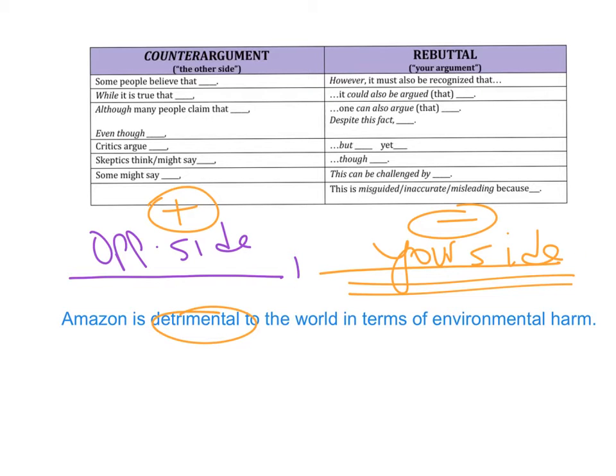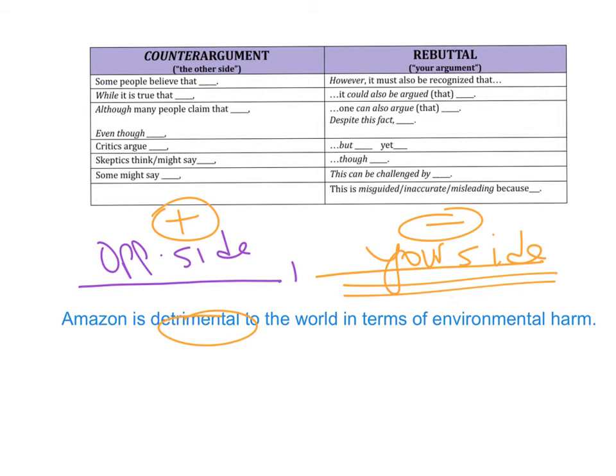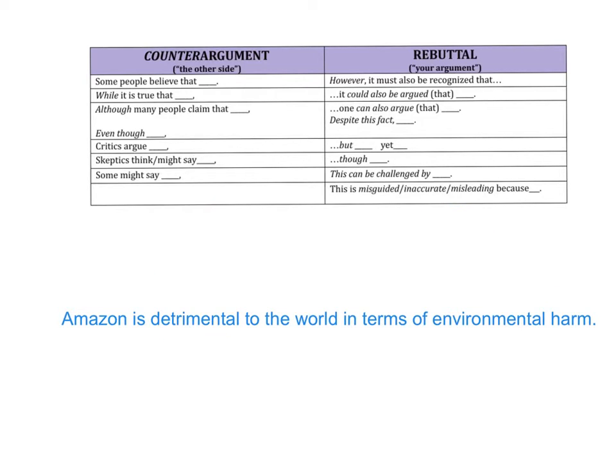So let me give you some examples. So let's take this off of here. Okay, so if you're looking at your argument, Amazon is detrimental to the world in terms of environmental harm. Well, we have to think of some of the things that make Amazon positive. What are some of the things that make Amazon positive?